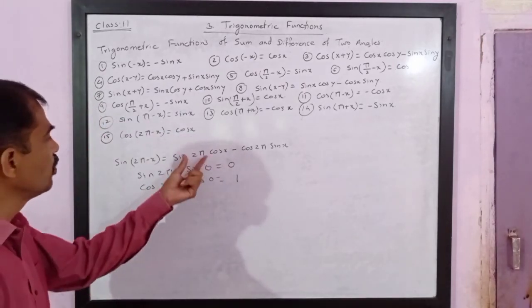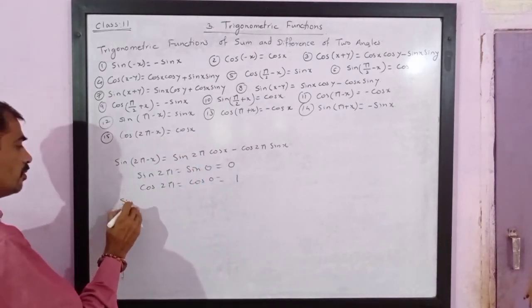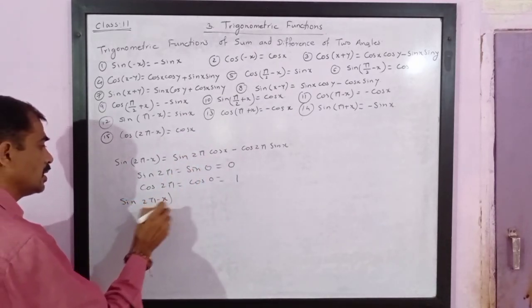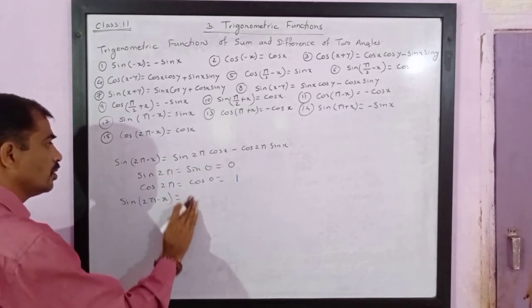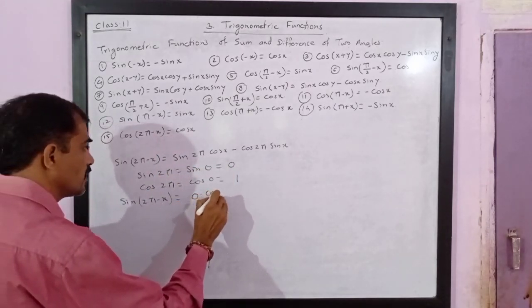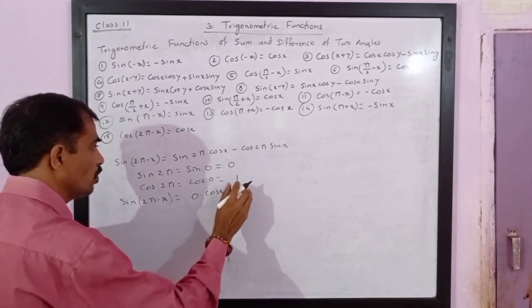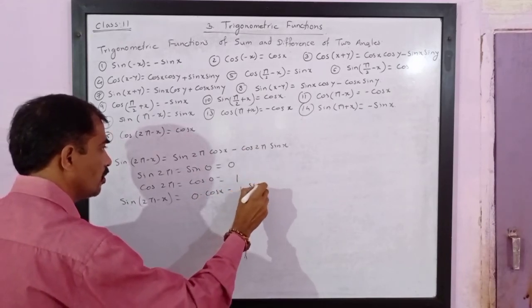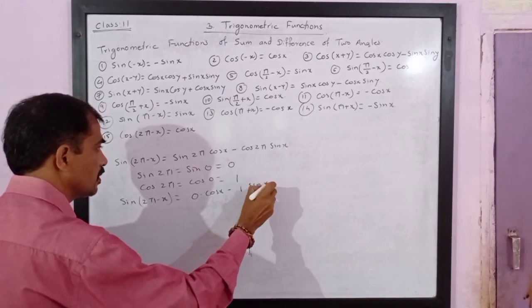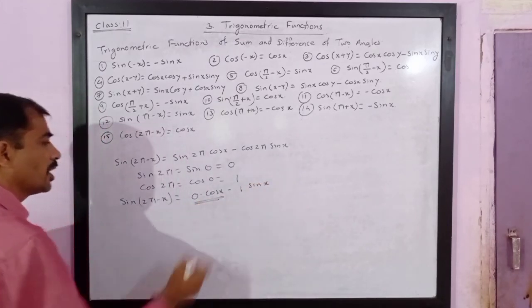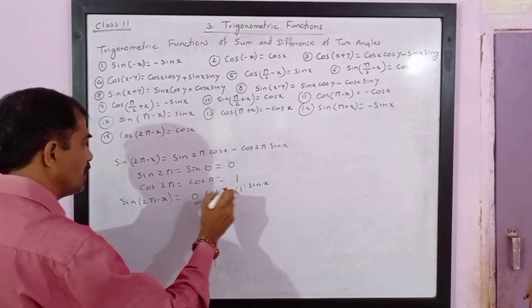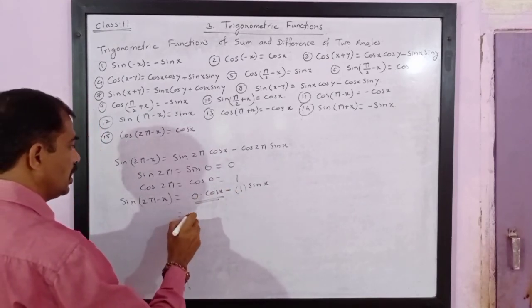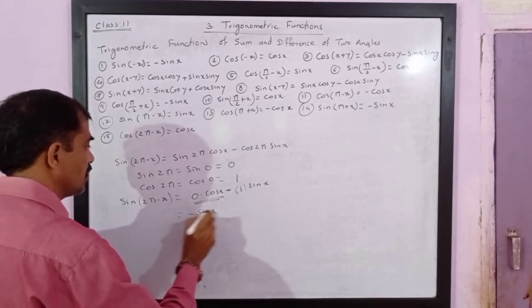So if you put the values, you will get sin of 2 pi minus x is equal to sin of 2 pi, which is 0, multiplied by cos x, minus cos 2 pi, which is 1, into sin x. Now 0 into cos x becomes 0, 1 into sin x becomes sin x, and this negative sign remains. So we will get negative sin x.